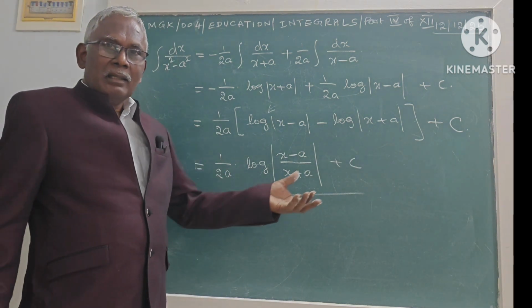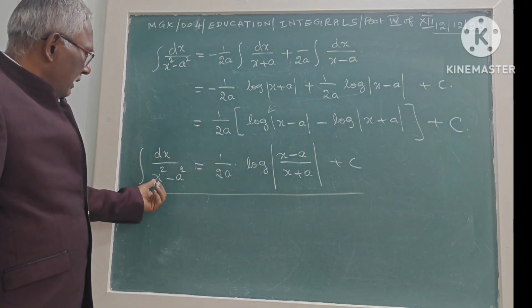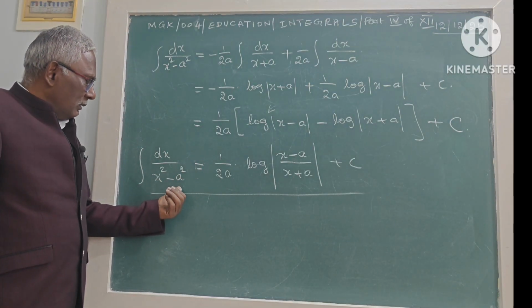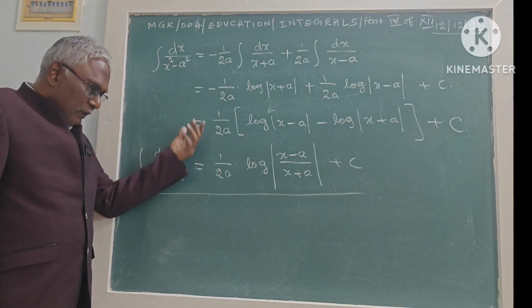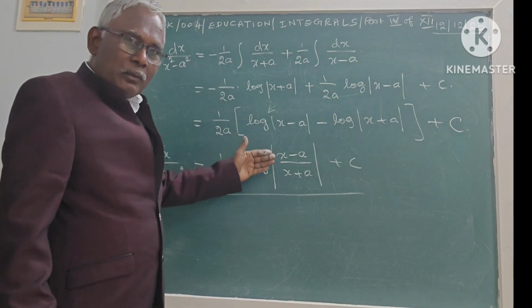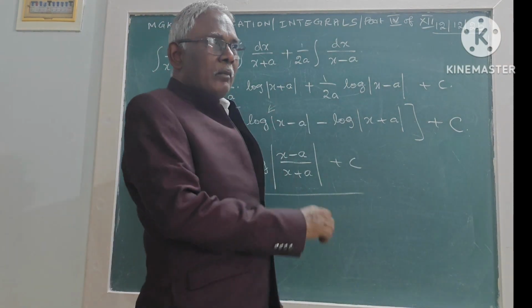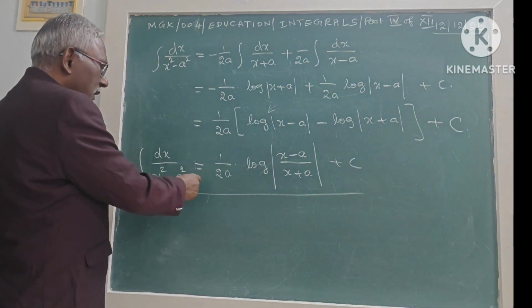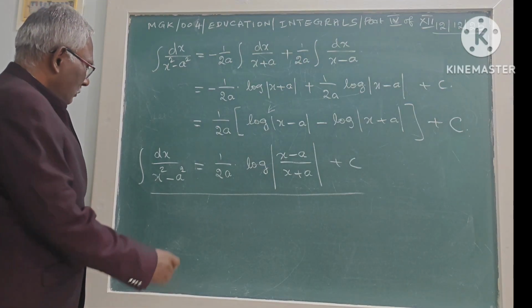To find the value of integral dx by a square minus x square, we have to follow the same method. Let us see how to get it from here.